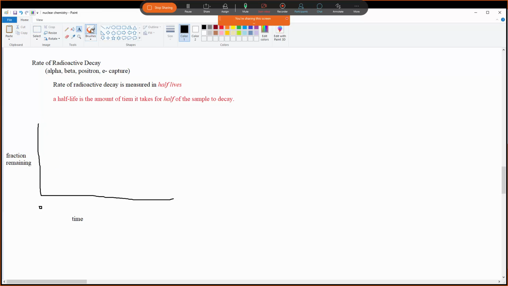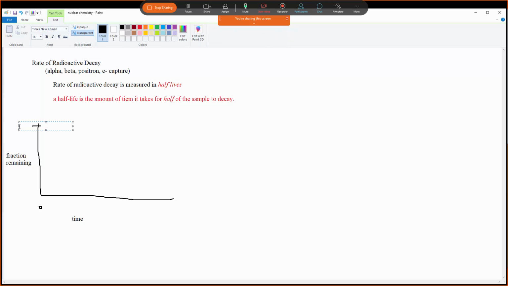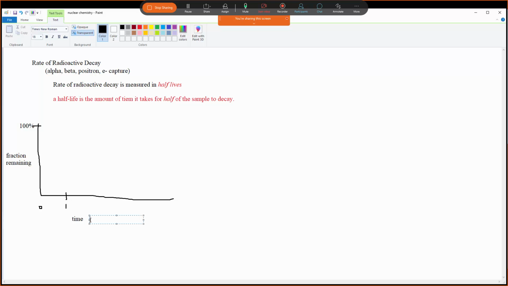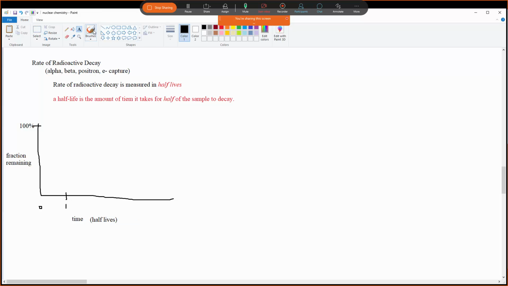At time equals 0, you'll have 100% of your sample here, right? And at time equals 1 half-life, I should say time measured in half-lives, then half of your sample will remain, right? So that's going to be 50% right here.